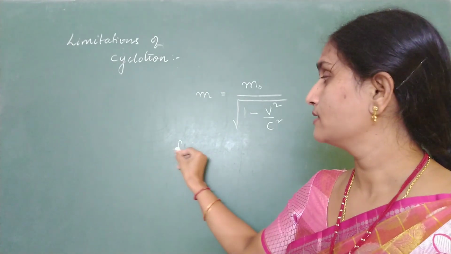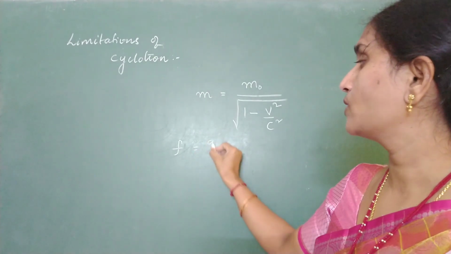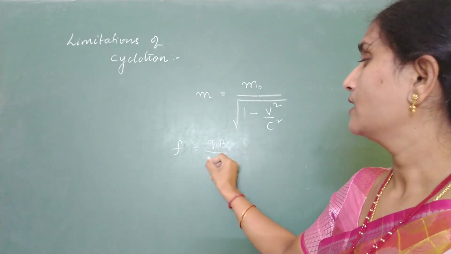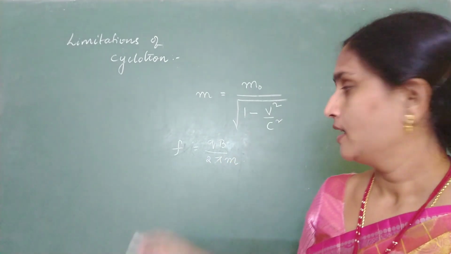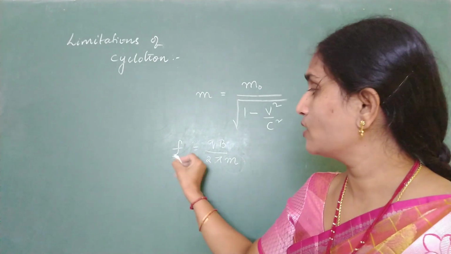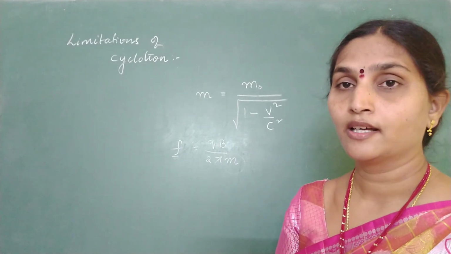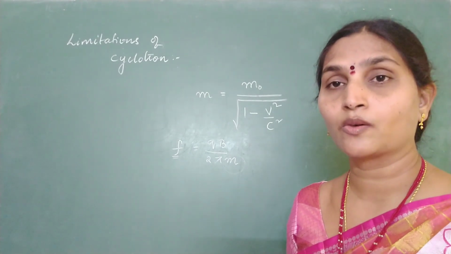And if mass becomes a variable, I told you when we designed a cyclotron, what is the first condition? Selecting the frequency of the oscillator. What is the frequency of the oscillator? Is it QB divided by 2 pi m? If mass of the electron becomes variable, frequency also becomes a variable. And once frequency changes, our resonance condition gets violated.